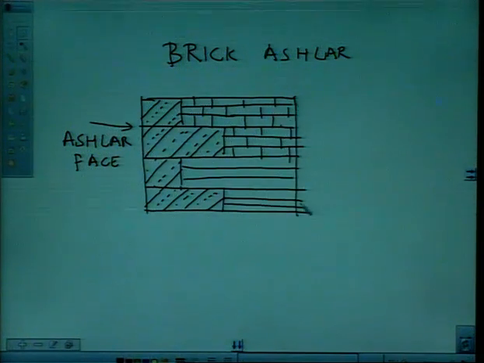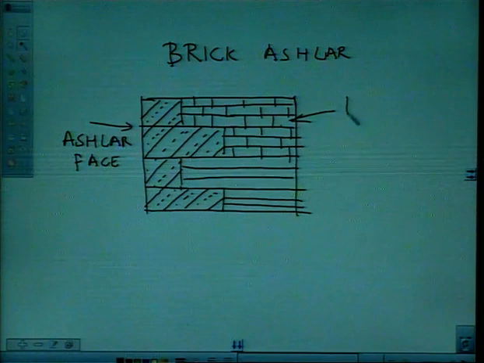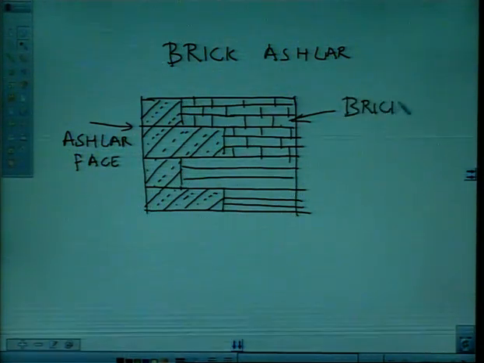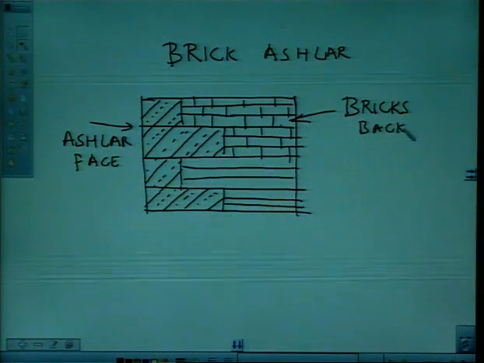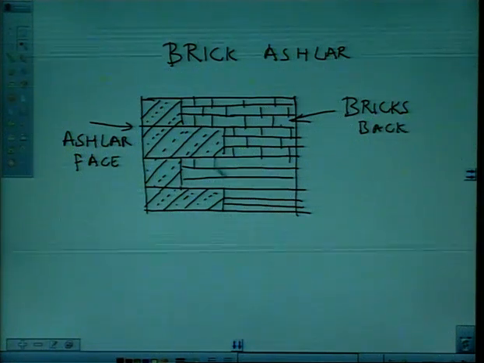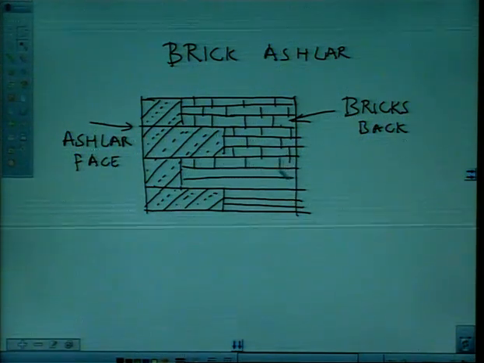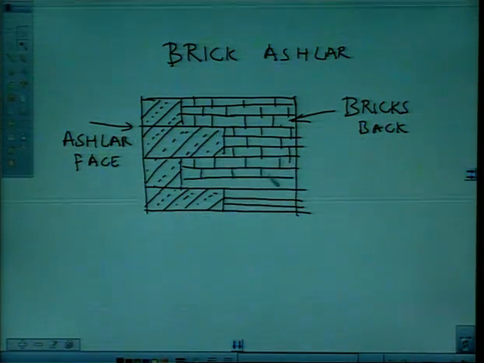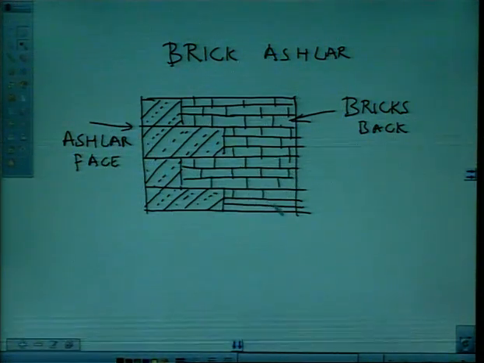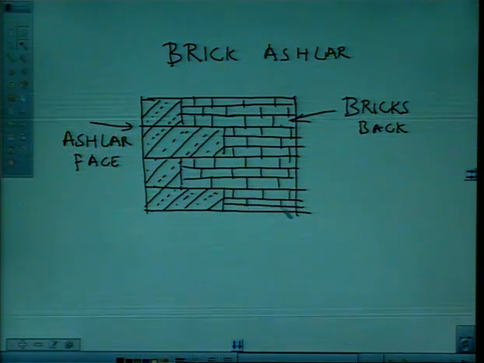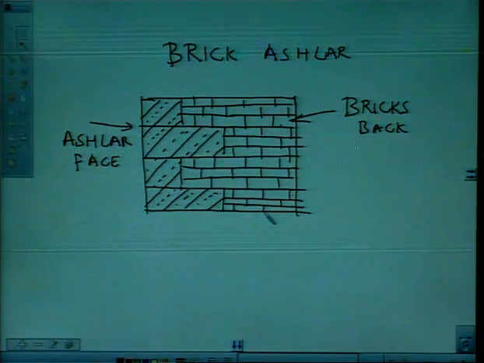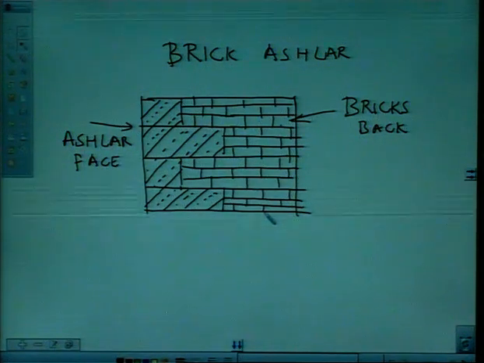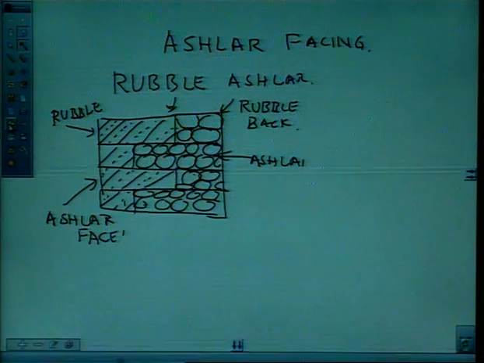So, I am keeping the backing as brick backing. Bricks are used for the backing portion, on the back side. This way you can use brick masonry in the hilly portion.